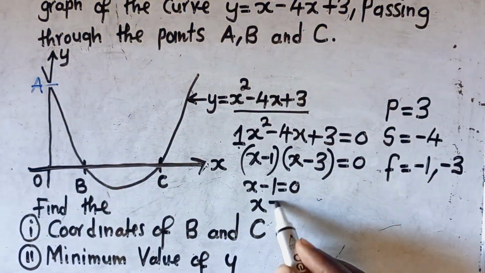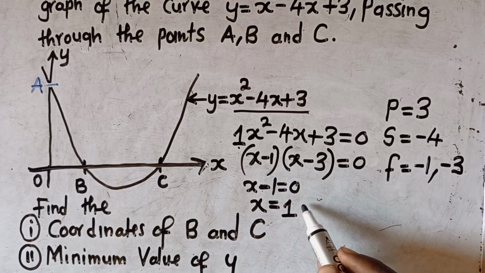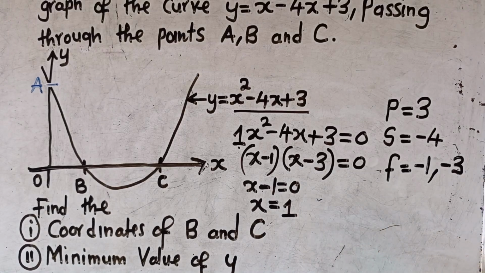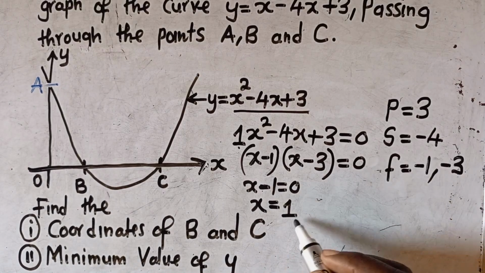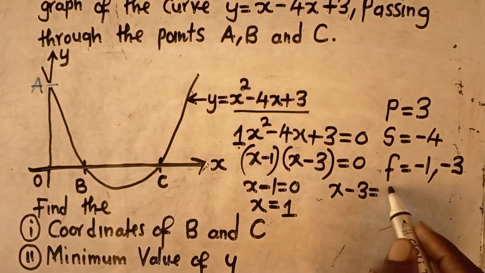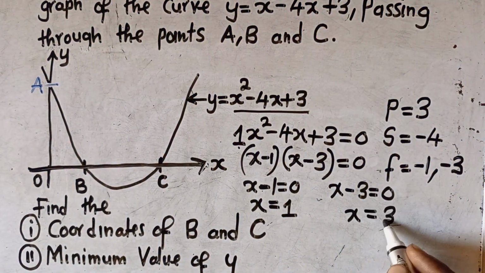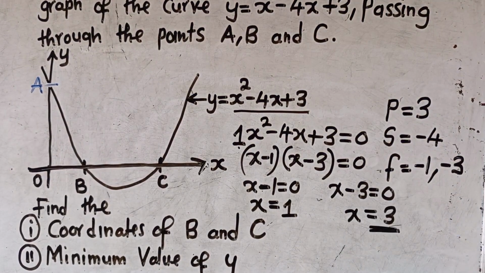So this is x is equal to 1 as the answer. When this negative goes to the other side, it becomes a positive. So I've got one value. I go to this one. x minus 3 is equal to 0. So this is x is equal to 3. This is my answer. I know that x is 1 and 3.